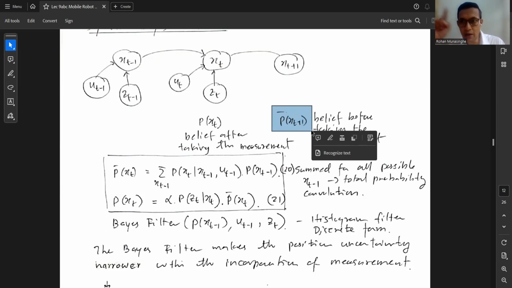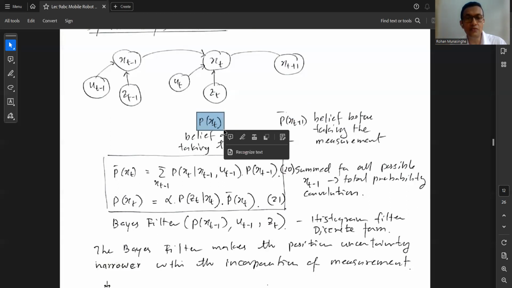We use two probability density functions each step. One is with P bar, which means it is the predicted probability distribution function using the vehicle dynamics. And then once you correct it, there's no bar, it just becomes P. So in one state, for example state t, x_t, you have P(x_t). This is the final or corrected probability distribution function, and we call it the belief after taking the measurement.